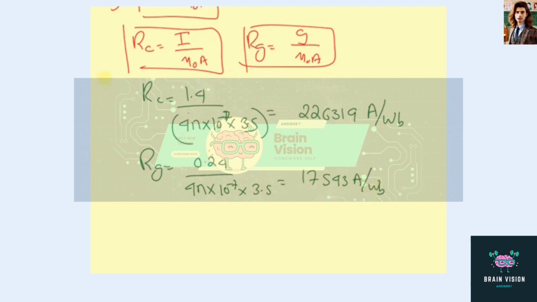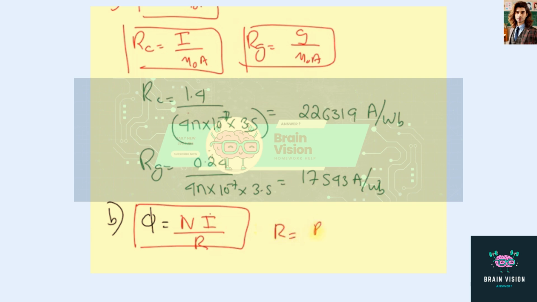This is the first part. Now coming to the second part, we need to calculate the total flux. Flux is equal to N times i by R. The R value will be equal to R core plus R gap.